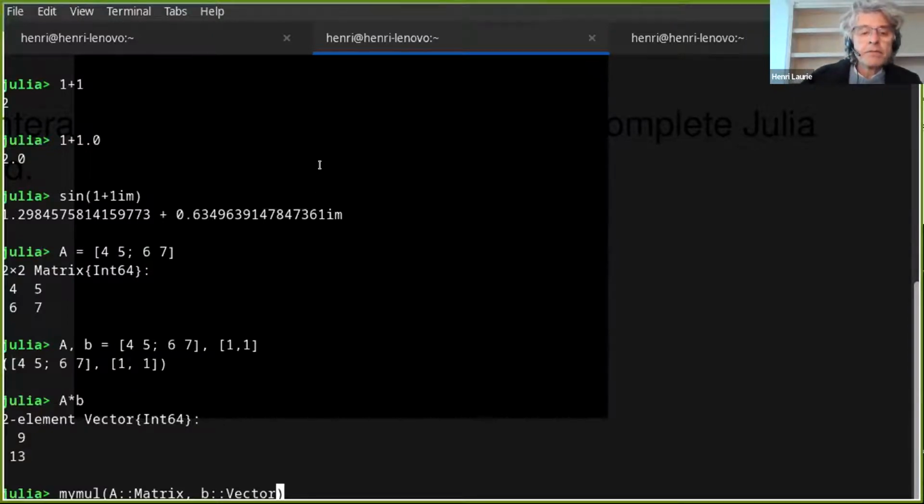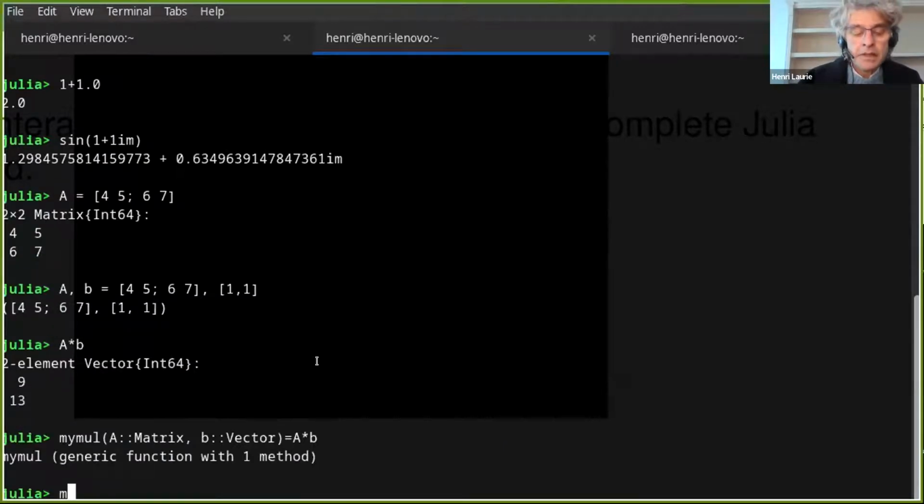The numbers we see here will be instances of concrete types. When I say matrix, A can now be any kind of concrete type that occurs in the tree of types somewhere underneath matrix, and similarly B for vector. And I say that is just A times B. And now I can say what is my mole of A, B.